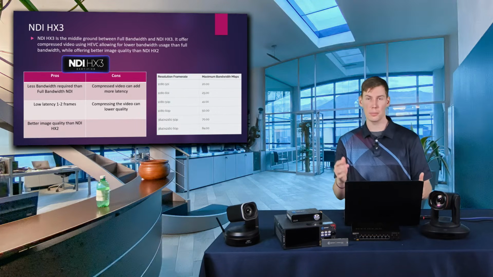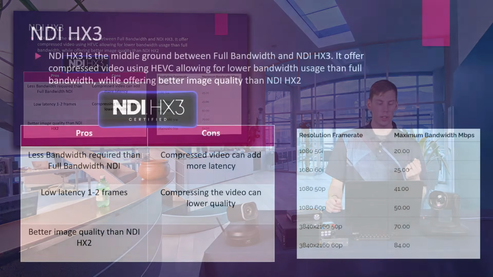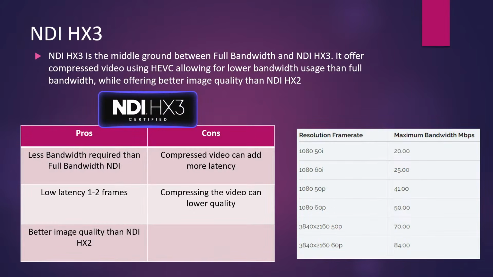So when we're looking at the pros and cons of NDI HX3, the pros are it requires less bandwidth than full bandwidth NDI. If we look at our chart on the right here again, you'll see that 1080 60p requires about 50 megabits per second per source.